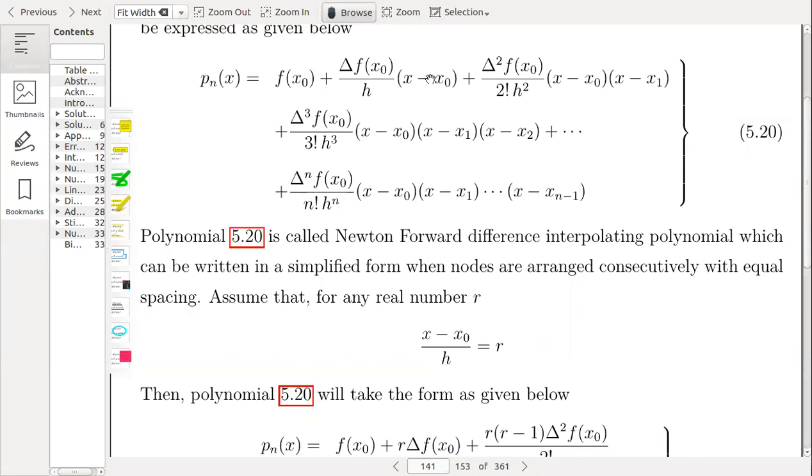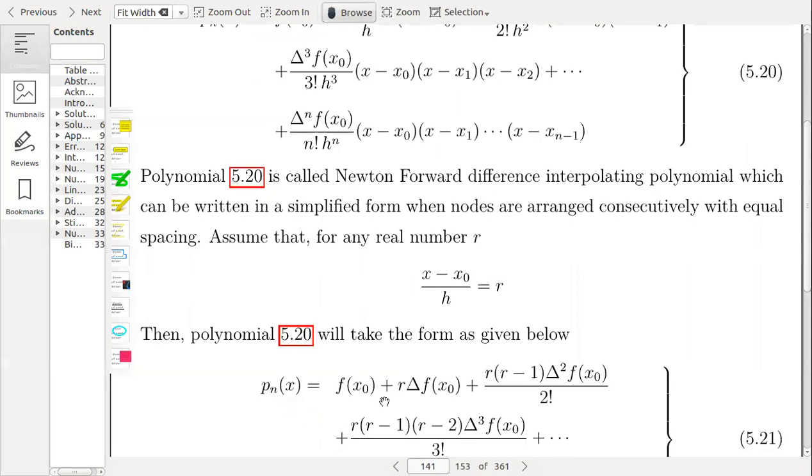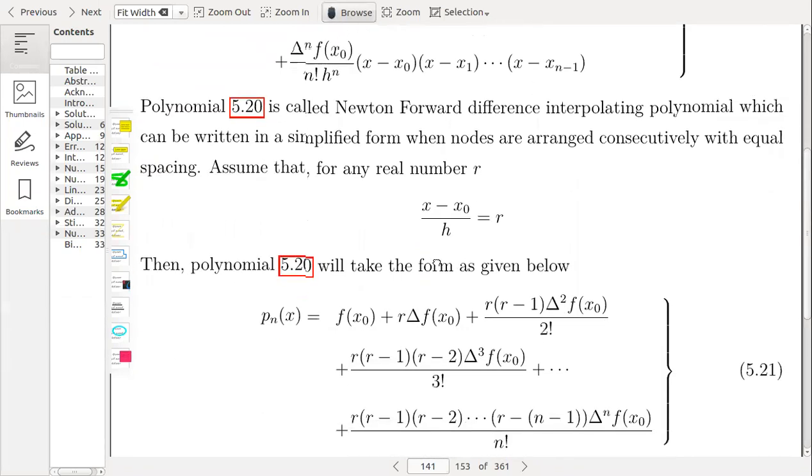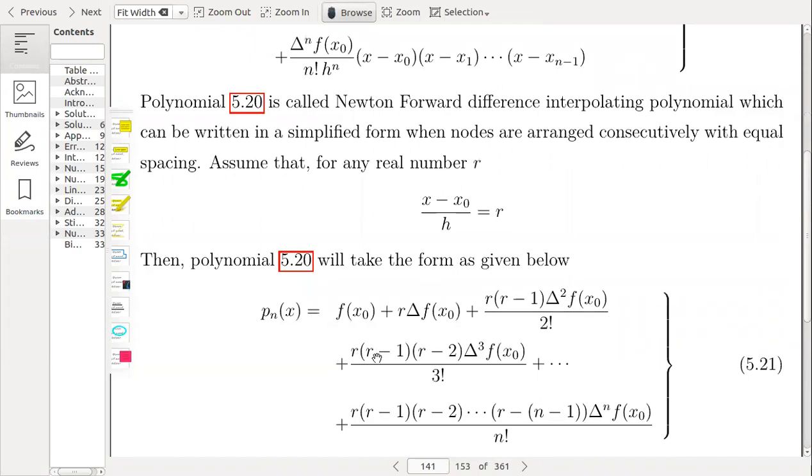So if we replace this x minus x naught with rh, this h will be cancelled with h and we are left with r. So f of x naught plus r delta f of x naught plus r into (r minus 1) delta square f of x naught over 2 factorial plus r into (r minus 1) into (r minus 2) delta cube f of x naught over 3 factorial plus so on.